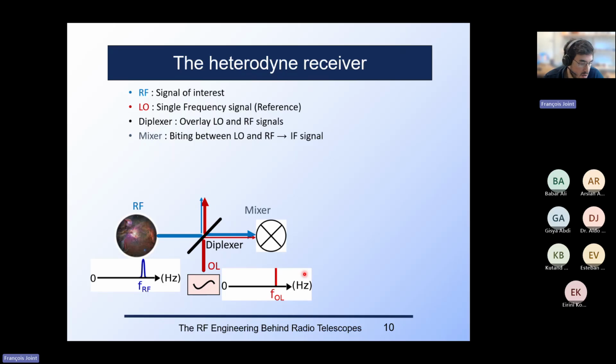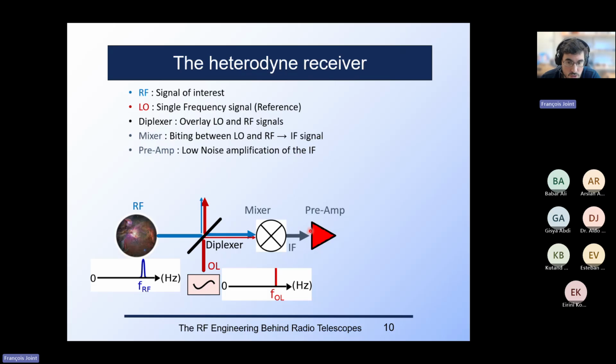It could be a more complex setup like a Martin-Puplett duplexer. There are plenty of ways to overlay these two signals. Once we have overlaid LO and RF signal, they are both impinging on the mixer, this nonlinear system, which will generate a down-converted signal at the intermediate frequency, where usually we can use preamplification.